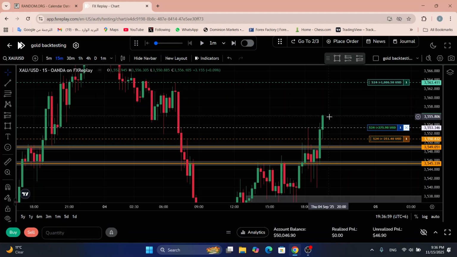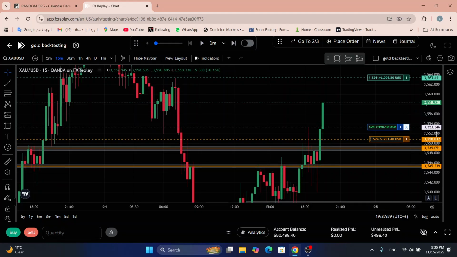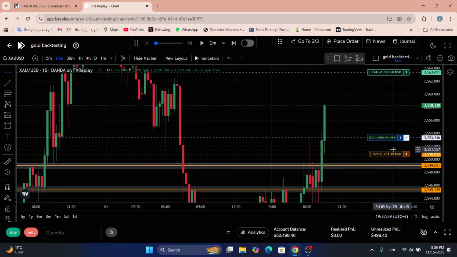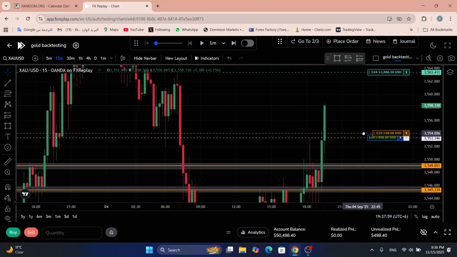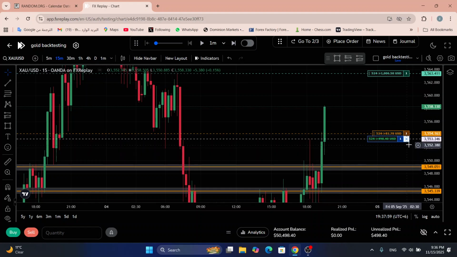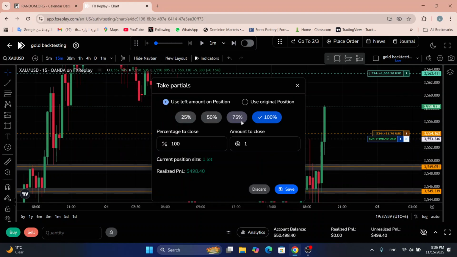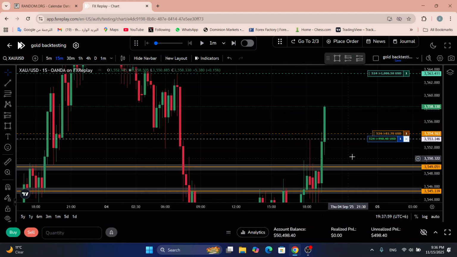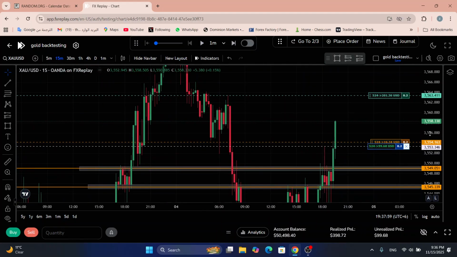Okay, price is moving nicely, so now we are almost 1% in profit. I'm going to move my stops to break even and secure maybe 80% of my position, and let the rest run to the TP.